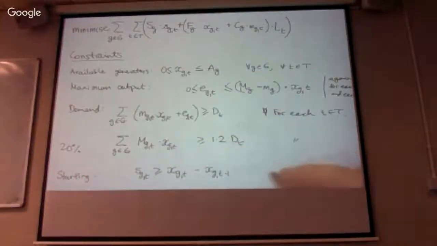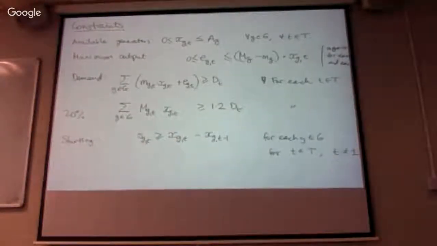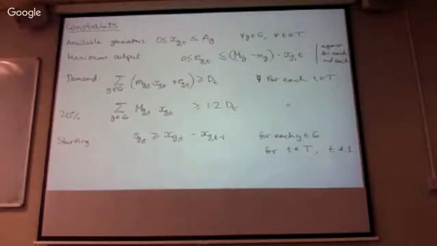And this should be for each generator type and for each time period except for the first time period, because in the first time period we don't have any xg0.